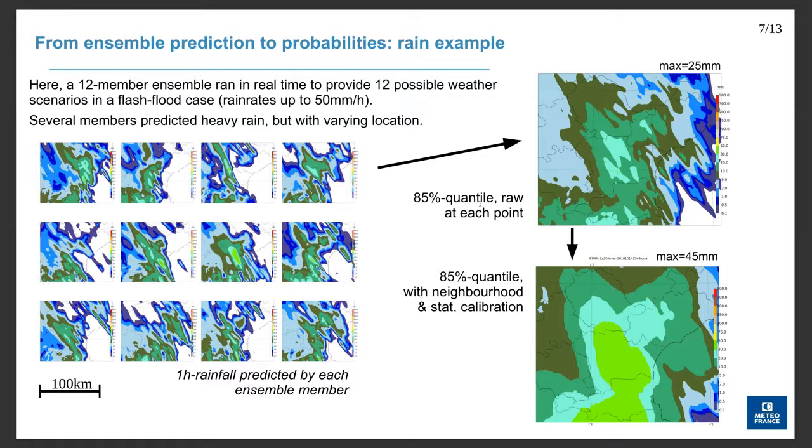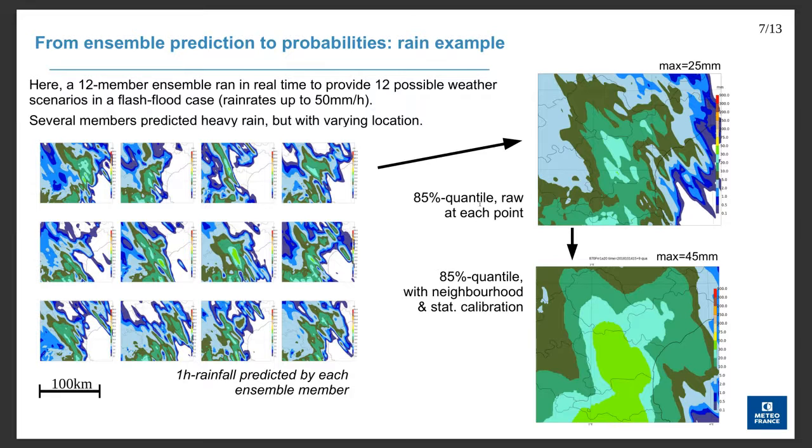If you have time, you may look at each of the 12 members on the left, but we would like to summarize this information. One way to summarize would be to convert at each point the forecast field of precipitation using, say, a quantile statistic.